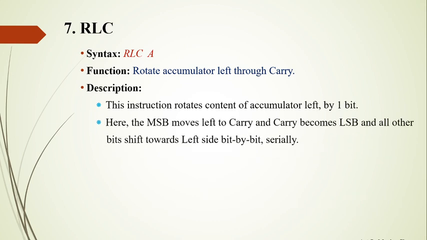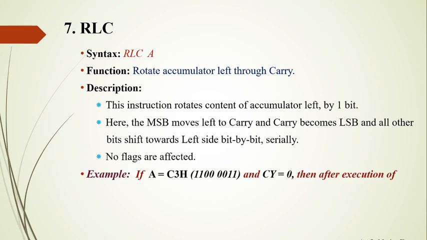So here the MSB moves left to carry because the instruction is rotate accumulator left through carry. So here MSB moves left to carry, and then the content of carry moves to LSB, and all other bits shift towards left side bit by bit serially. No flags are affected during the execution of this instruction.